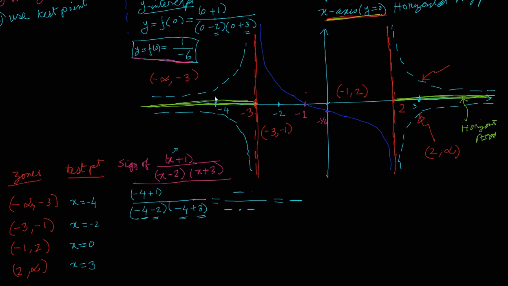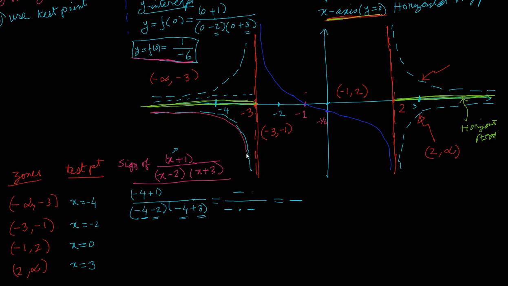So what is the sign in this zone? Negative. Negative means my graph needs to be below the x-axis. Then my graph will be basically this one.